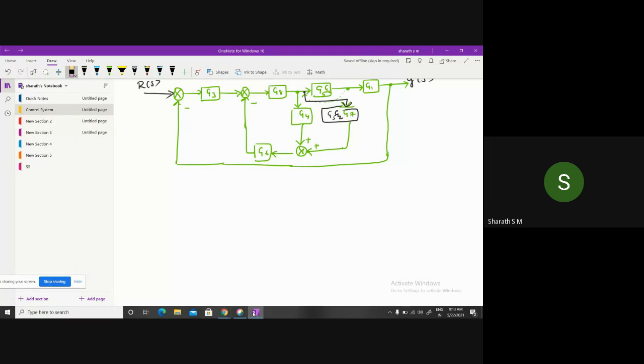Yeah, what about these two blocks? G4 as well as this block.